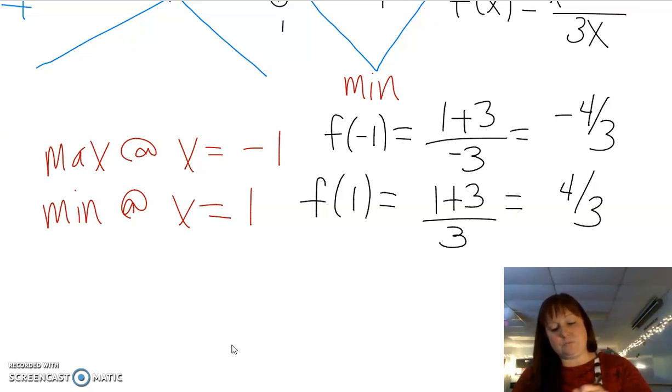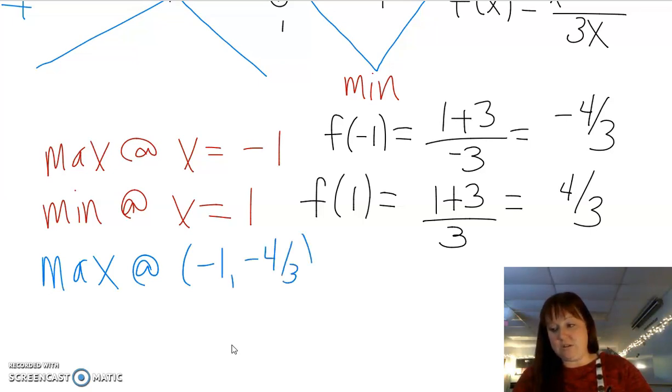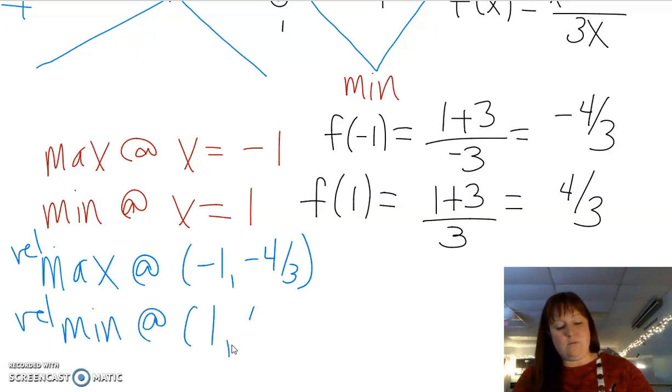So our final answer on this one is that we have a relative max at negative 1, negative 4/3, and we have a relative min at 1, 4/3. Okay, so those are our questions.